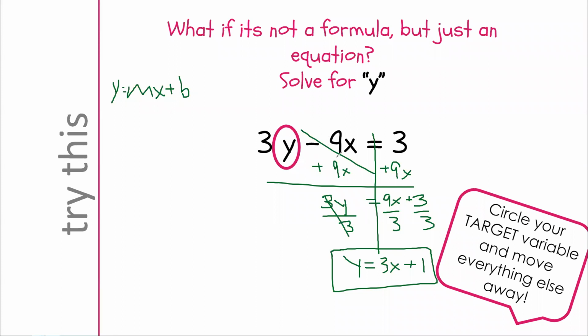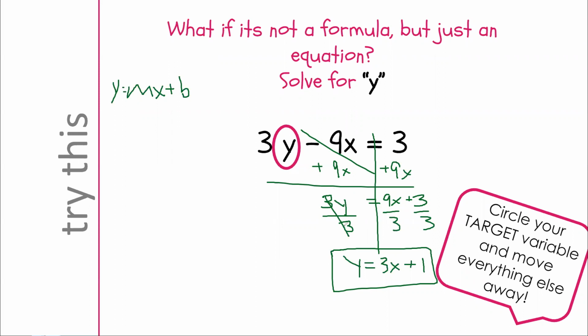So I saw that that 9x was being subtracted, so I know I have to add it to both sides. So that gives me 3y equals 9x plus 3. Now I have to get rid of my 3. So I see multiplication happening, so I'm going to do the opposite, which is division.